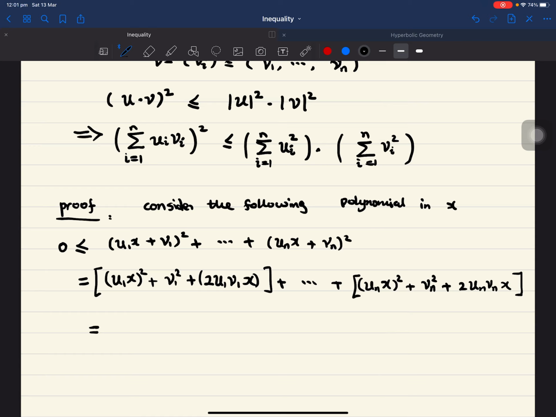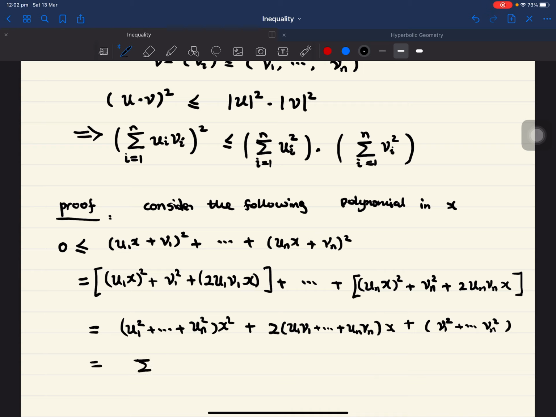and that would give us U1 squared all the way to Un squared, times x squared, plus 2 times U1V1 to UnVn, times x, plus V1 squared to Vn squared.